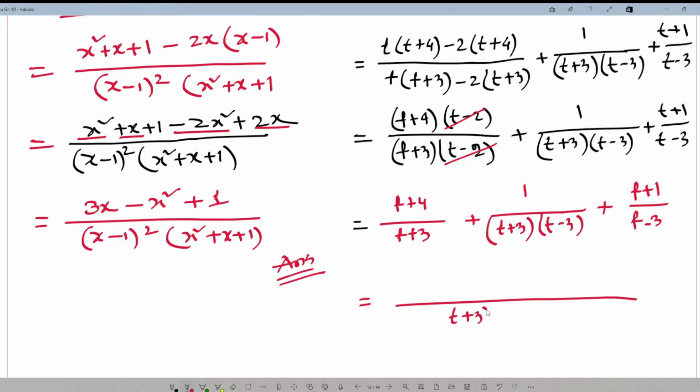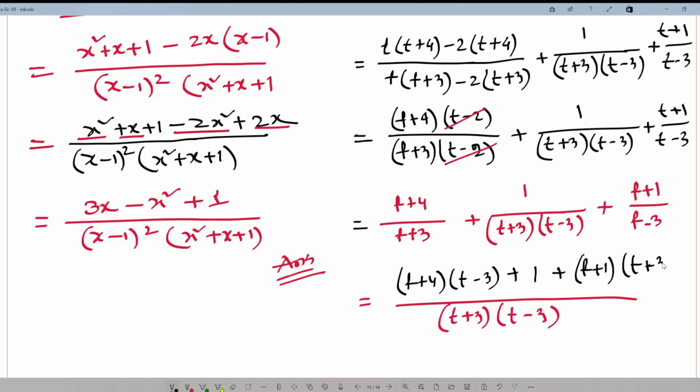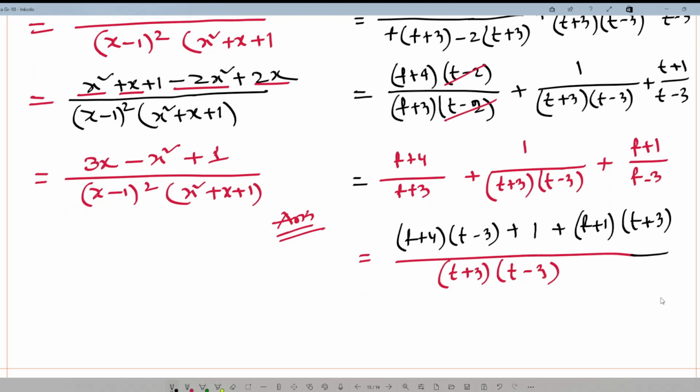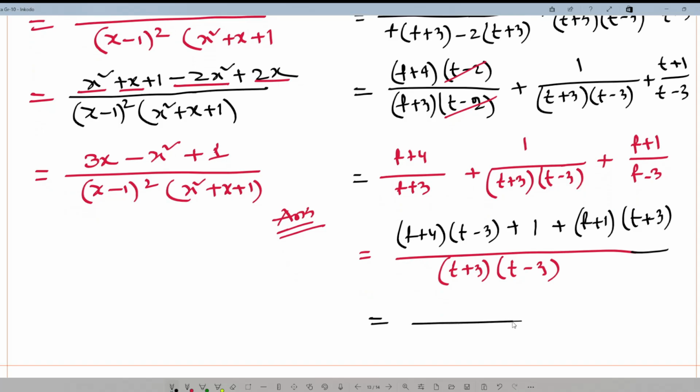So the common factors are t plus 3 and t minus 3. So here we can write t plus 4 times t minus 3, right? Here is 1 and here is t plus 1 times t plus 3, right? Now we will multiply everything.